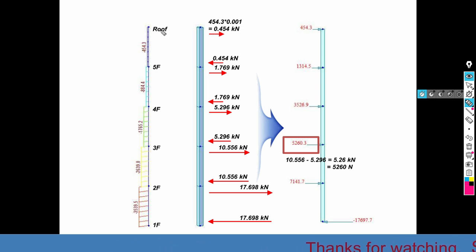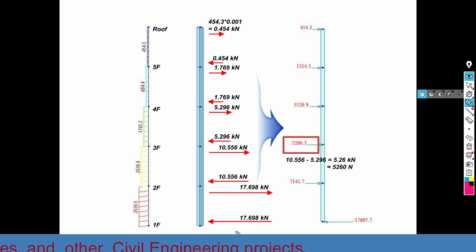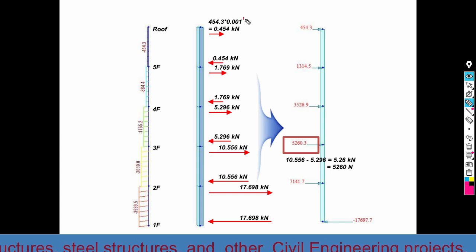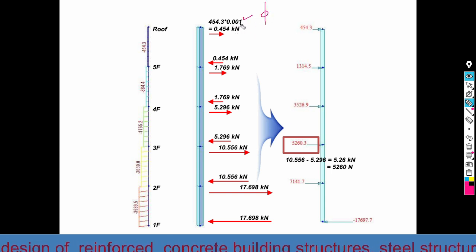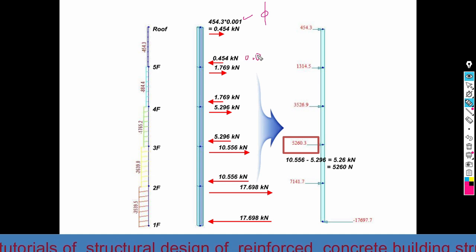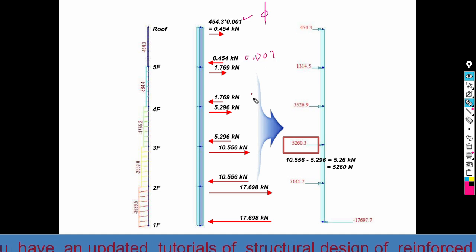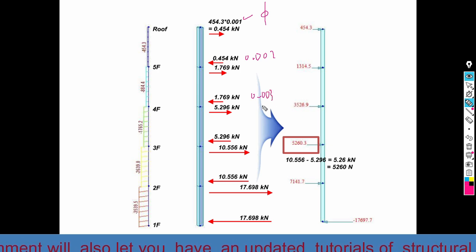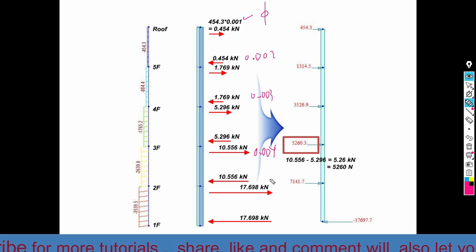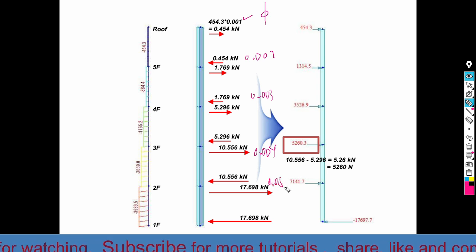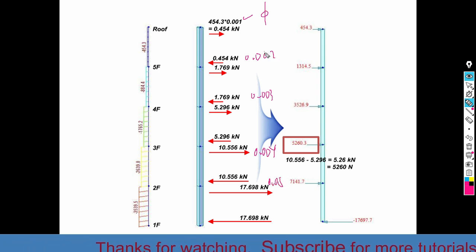This one is the axial load, and this one is the imperfection load, which is calculated based on the provided phi value. Here phi is 0.01 for this one, and 0.002 for this one, and 0.003 for this one, and 0.004 for this one, and 0.05 for this one. Sorry, 0.02.